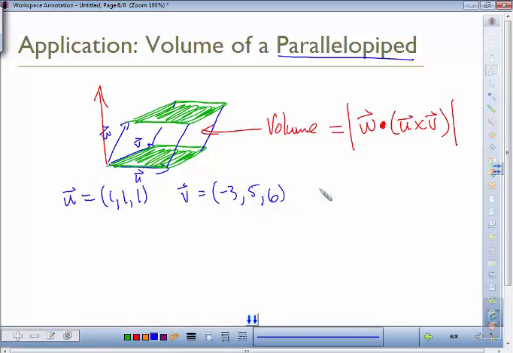Let me just make up 3 vectors. And if I want to find the volume of the parallelepiped, what I need to do is cross 2 of them first, and then dot it with a third one. So let's cross these 2.